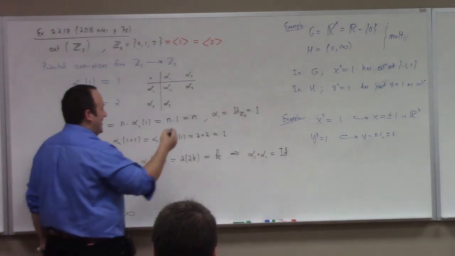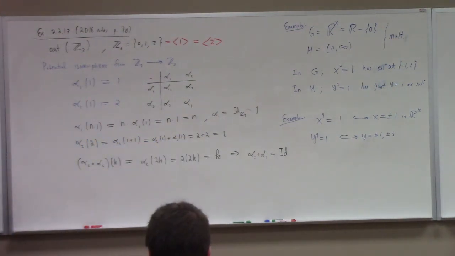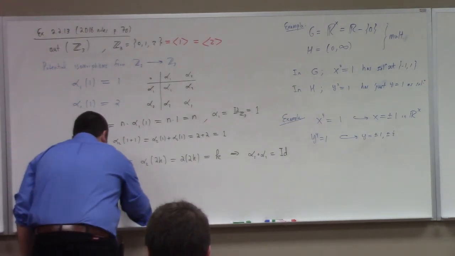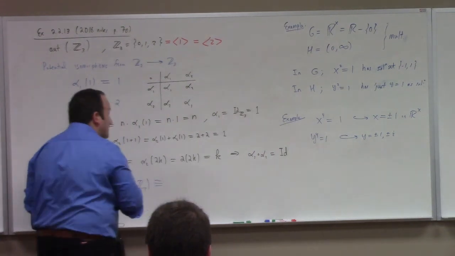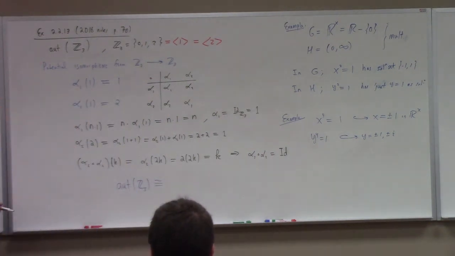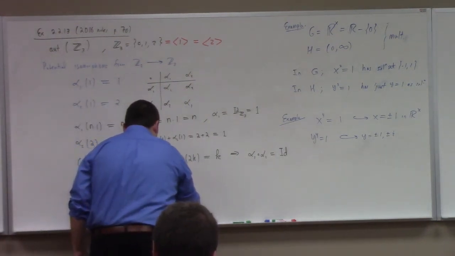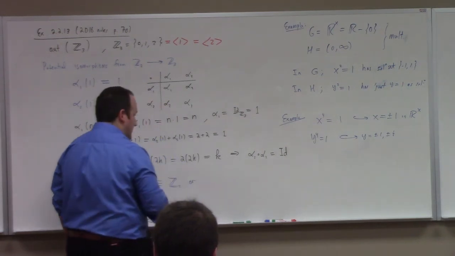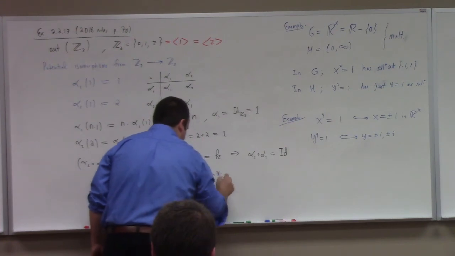So what are the automorphisms? We can see from this that the automorphisms of Z3 are apparently isomorphic to what? Z2, okay, or C2. I was looking for Z3 star, but yeah.